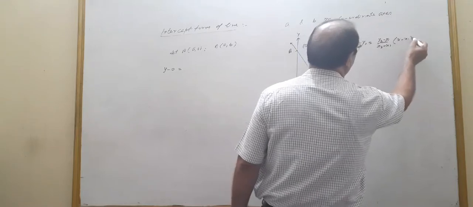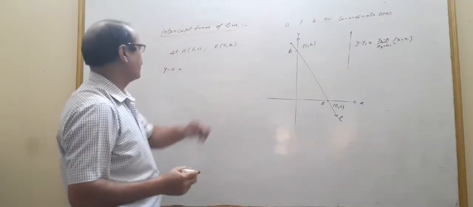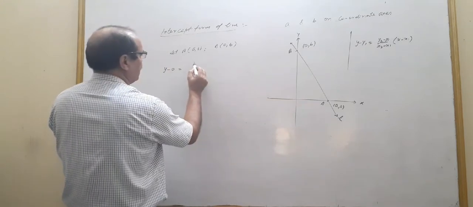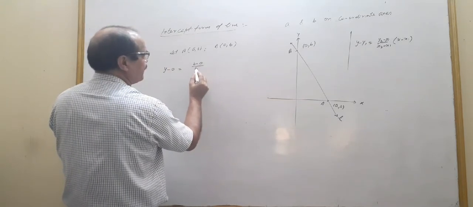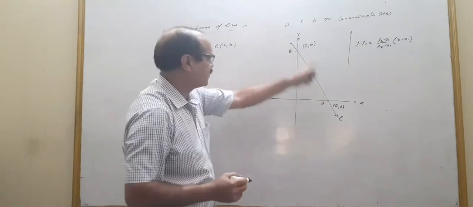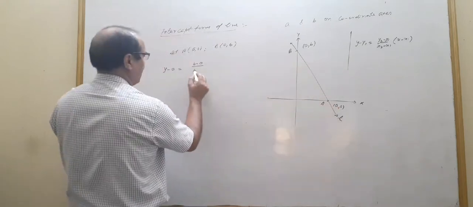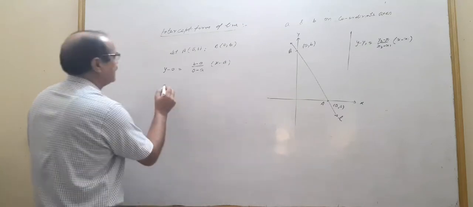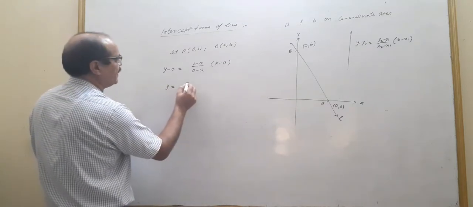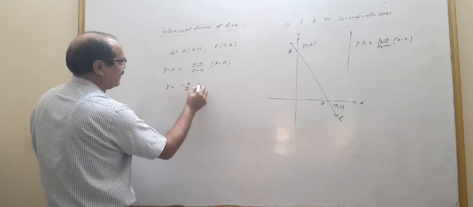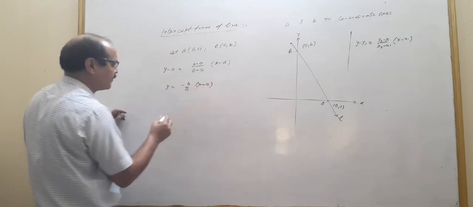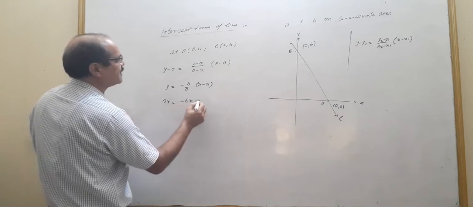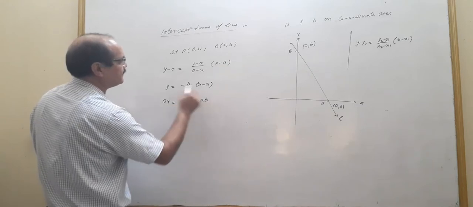You know the formula. So applying the two-point form, y minus y1 is equal to (y2 minus y1) upon (x2 minus x1) whole into (x minus x1). Now students, solve it properly and you get the required intercept form by cross multiplying, which can be written as minus bx plus ab.